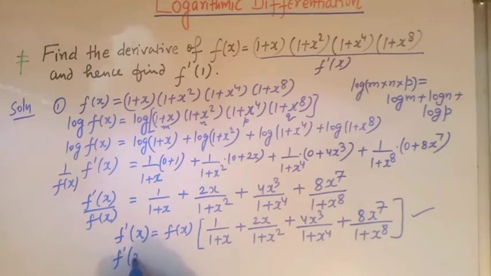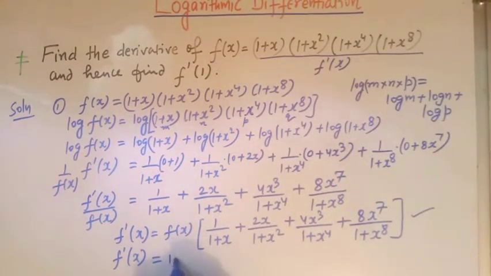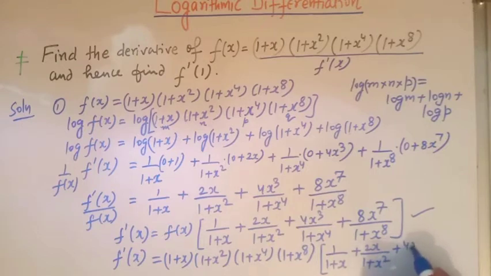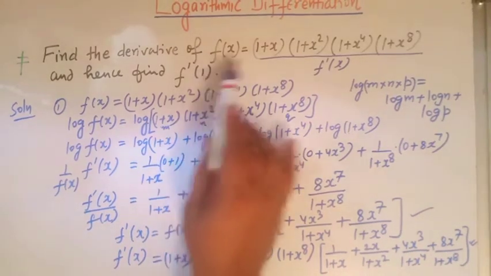So we can write f prime of x is equal to, for f(x) we write this expression, so we have (1 + x)(1 + x²)(1 + x⁴)(1 + x⁸) times this function, that is 1/(1 + x) + 2x/(1 + x²) + 4x³/(1 + x⁴) + 8x⁷/(1 + x⁸). Clear? So this is the required derivative of this function.